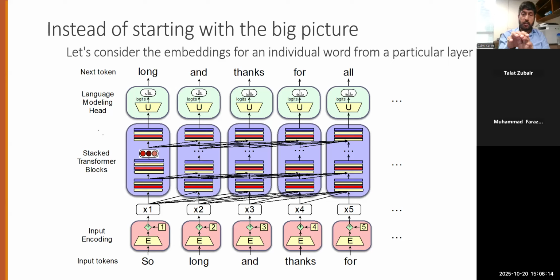ठीक है? And you can think of this as direct links. आपको इंडिविजुअल लिंक्स की बात करें तो ये लेट्स से एक नोड है या एक वर्ड है, इसका वर्ड का एक लिंक इस पिछले वर्ड के साथ भी है, इसका उससे पिछले के साथ भी है, उसके पिछले. So they are direct links from this word to every word that has appeared before it. And this direct link can influence this word and its output.